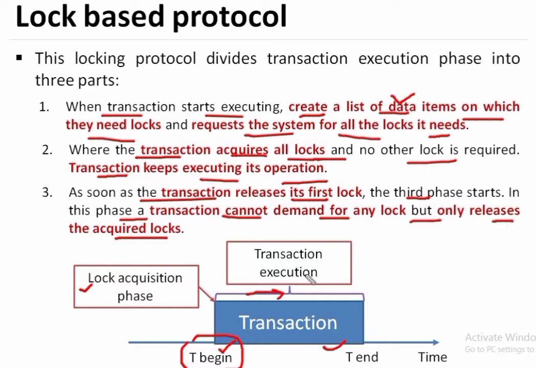From this stage, when the transaction execution is completed, it cannot get any other lock, or the system does not provide any additional lock, because in this phase the transaction just has to release the acquired locks that were provided by the system.